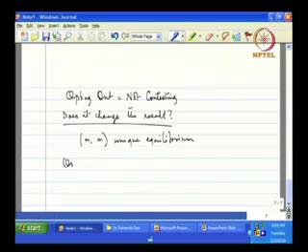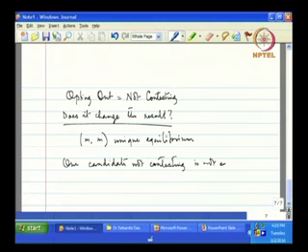Question is, one candidate opting out or not contesting, is that an equilibrium? Why are we saying that one candidate not contesting is not an equilibrium?